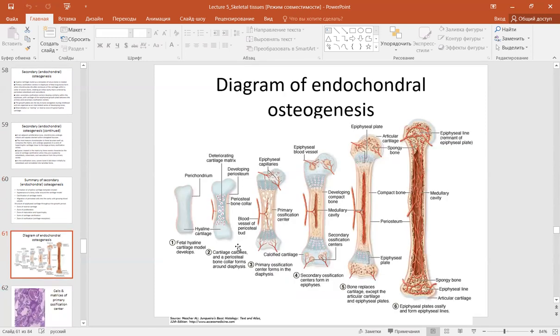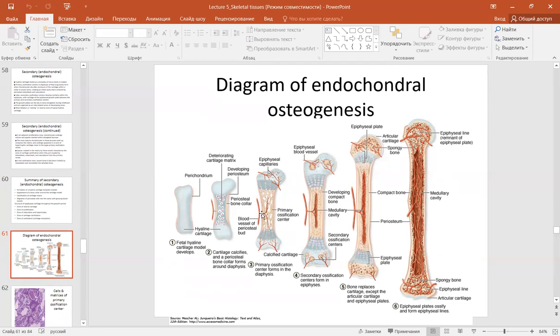Diagram of endochondral osteogenesis. First of all, formation of the fetal hyaline cartilage model. Then primary ossification center, forming the periosteal bone collar in the diaphyseal part of the future bone.